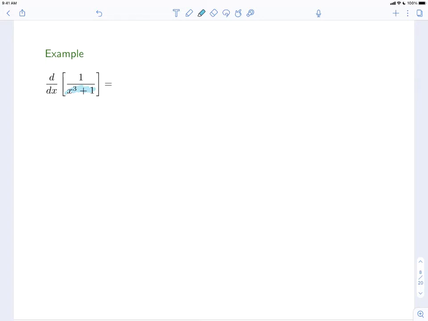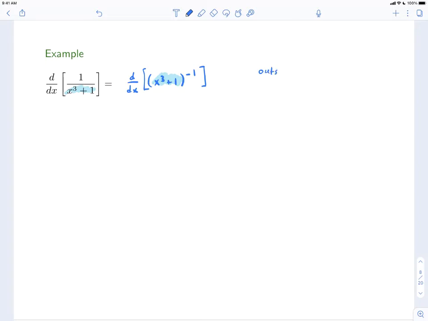Now, another way to write this, actually, would be the derivative with respect to x of x cubed plus 1 raised to the negative power. And if you write it that way, it becomes apparent that the inside function is the thing inside the parentheses, and the outside function is something to the negative 1. So we can write that down.